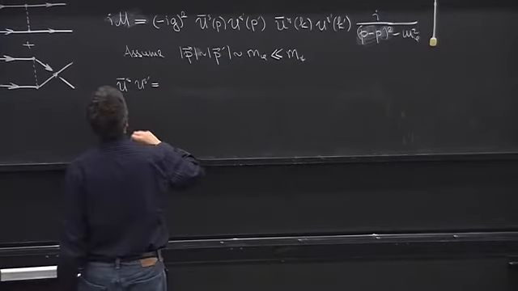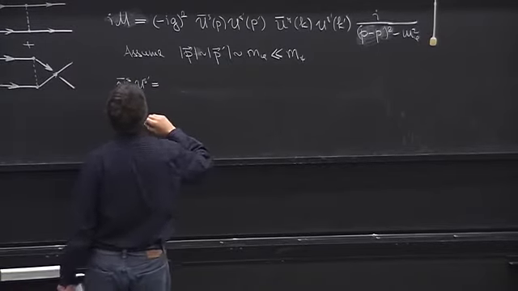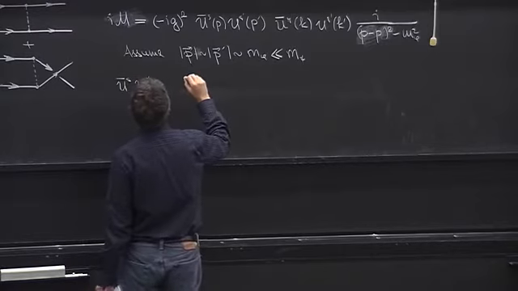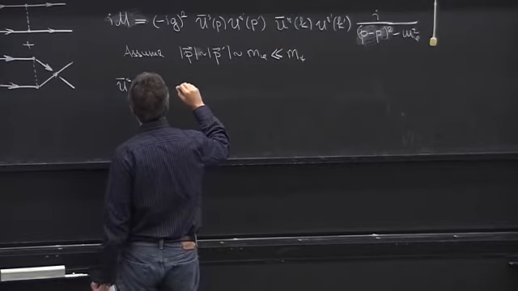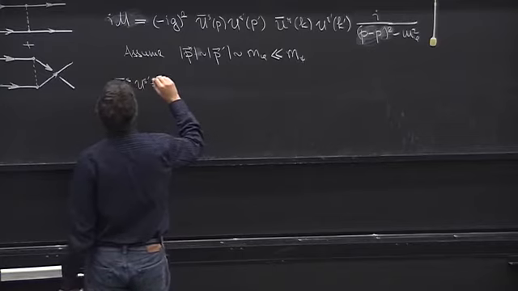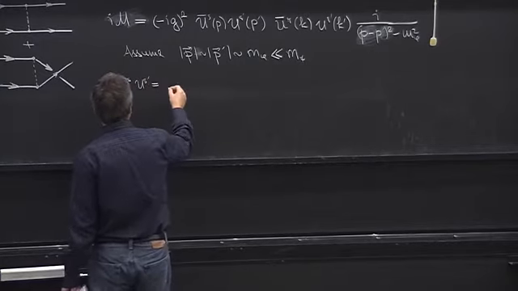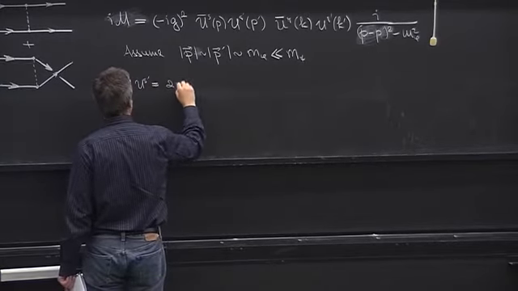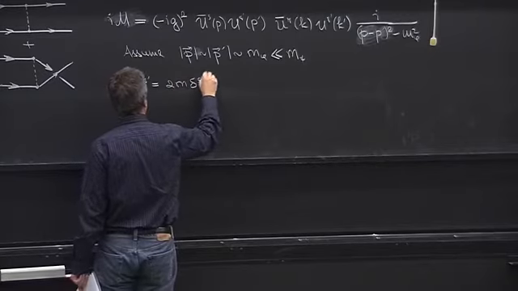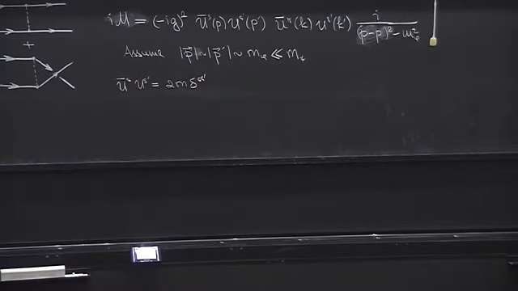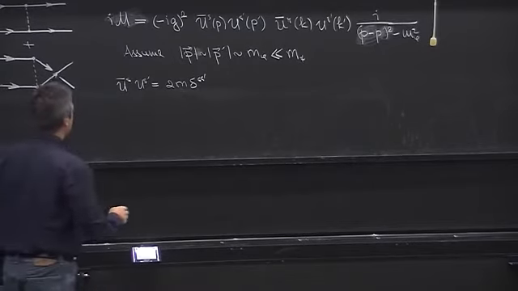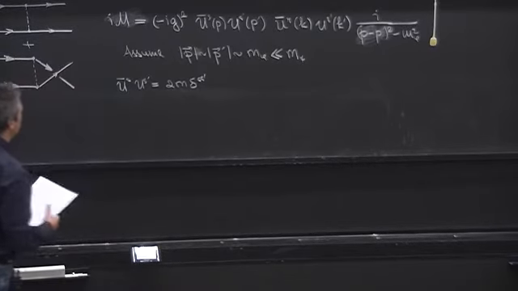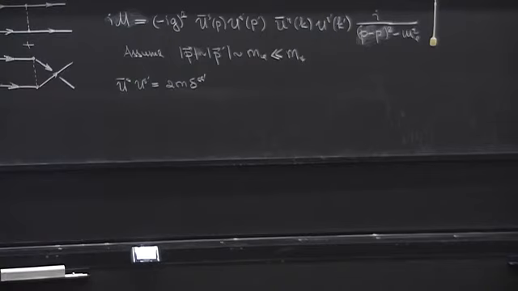So this will be equal to, well, 2m delta s s prime, as always. So we computed this matrix element once, and there is no difference here.